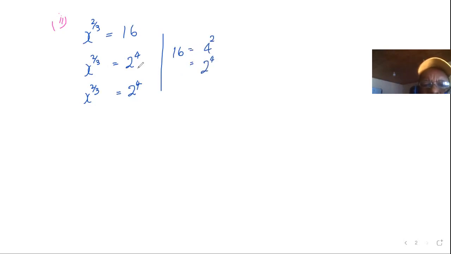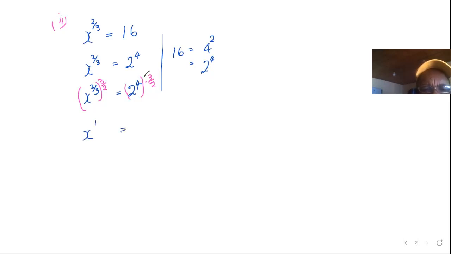So now we need to solve for x. What you do is we are going to multiply by the reciprocal of the exponent of x. Now what you do on the left, you do on the right. And then a number multiplied by its reciprocal will always give you 1.